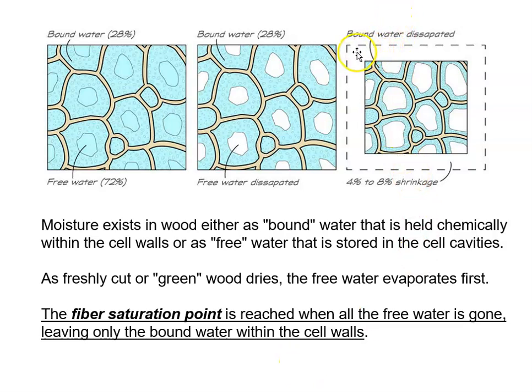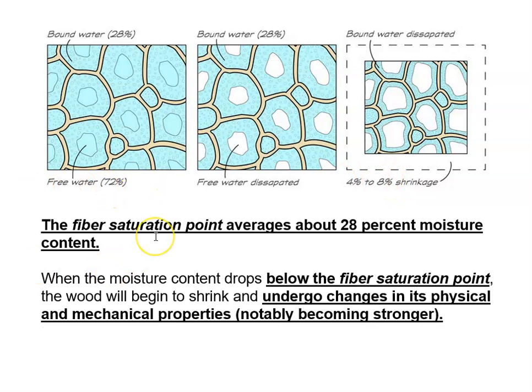Then this third diagram shows that the wood has actually shrunk from 4 to 8% of its original volume because of that loss. We can see that these cell walls have tightened up around the cell cavities, and that is where the shrinkage occurs. All right, the fiber saturation point averages about 28% moisture content.